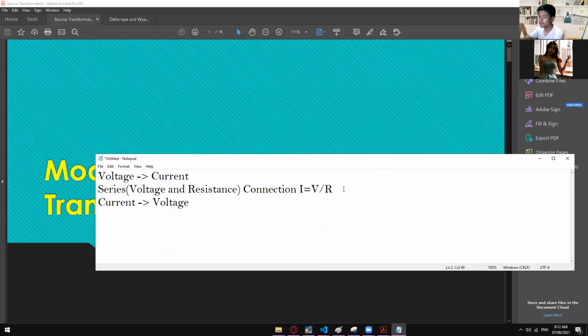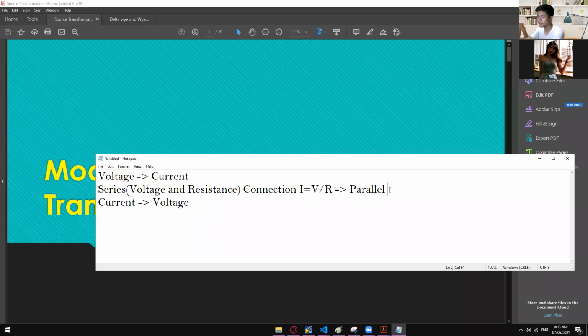Once it meets the condition, they are in series, then you can now transform that into a parallel connection. So it's now the opposite.